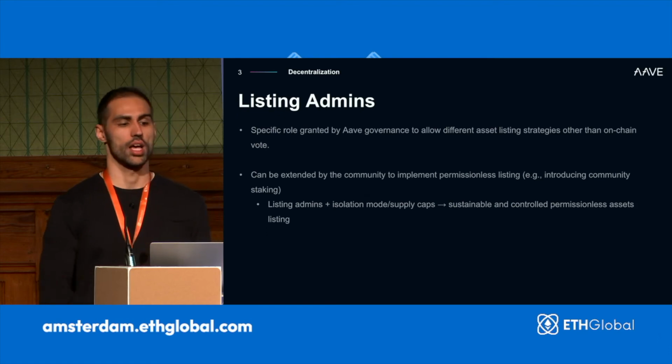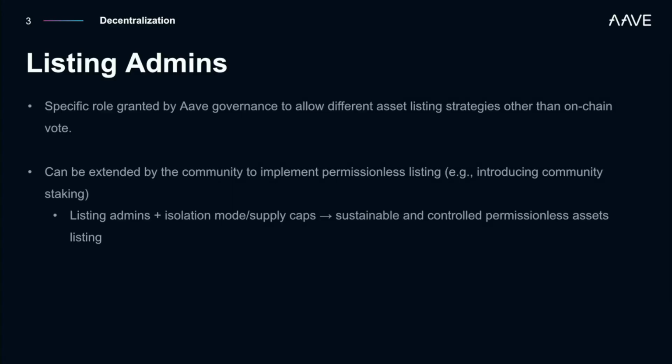And also we have the listing admins, which have the ability to list assets without the need of going through a governance proposal, which is also interesting because we could have some new strategies of listing assets, and this is a way of delegating the governance of the protocol to some other entity out there.